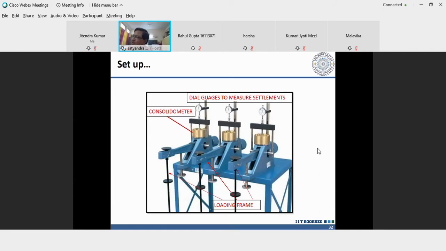This is the consolidometer, and as already explained, we take the soil specimen, a saturated clay specimen essentially, and we apply the load, and then we see what is the void ratio in the initial stage and what is the change in void ratio at every load. This is the loading frame.